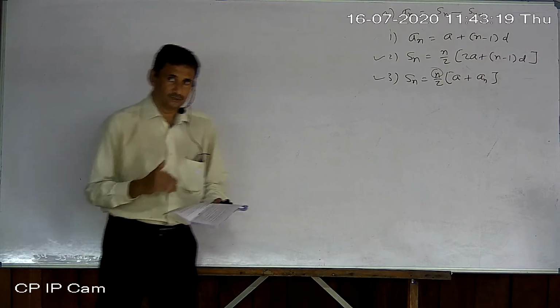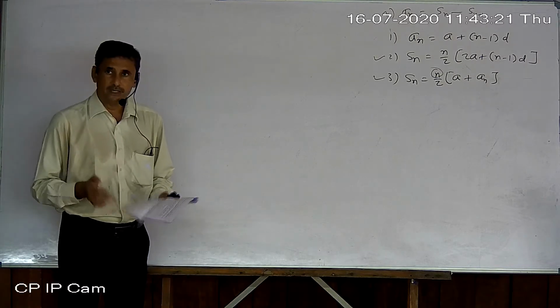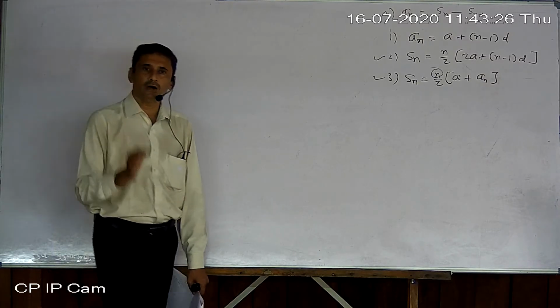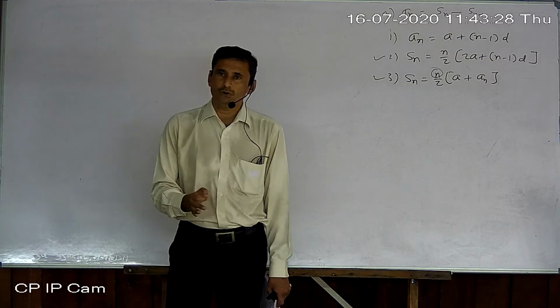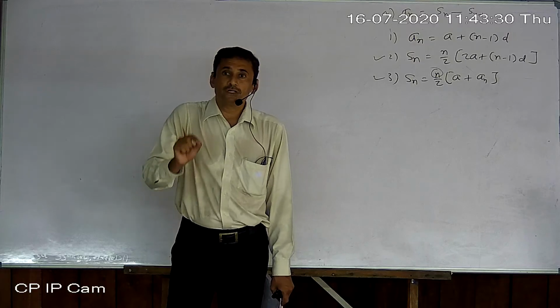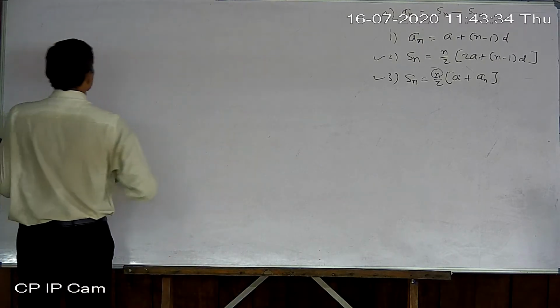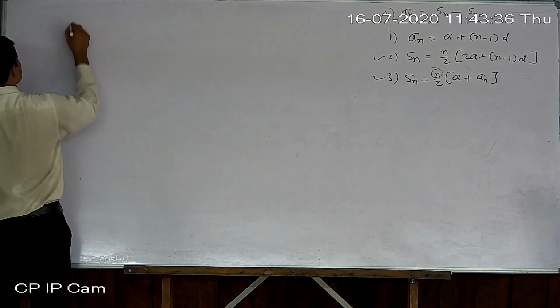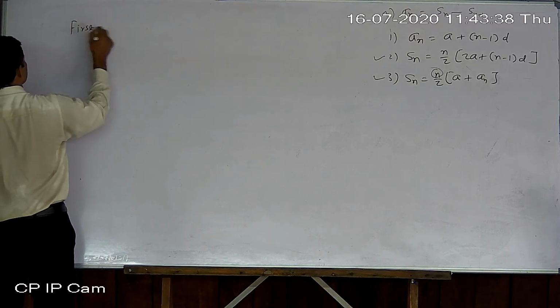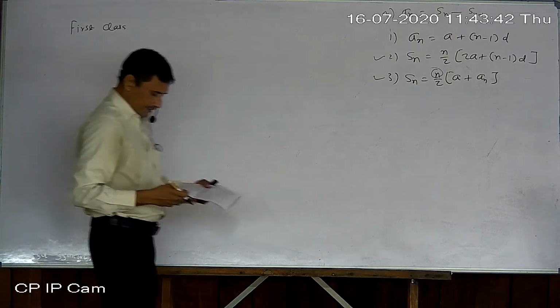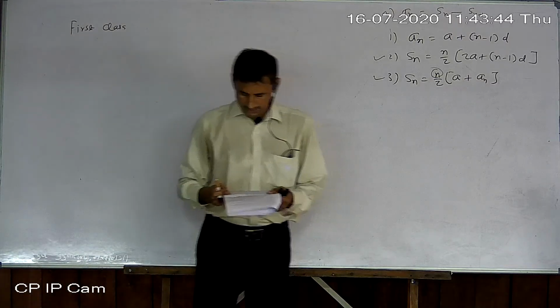So there are total 12 classes, meaning standards. Each class has 3 sections, and each section has to plant a number of trees equal to its class. So now we can say the first class will plant how many?